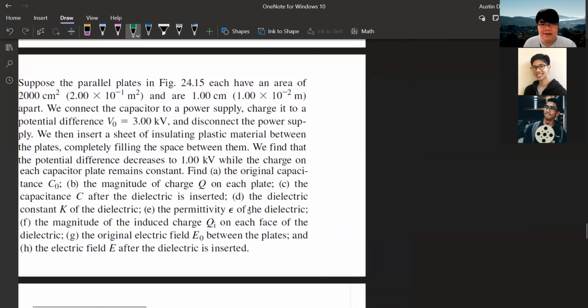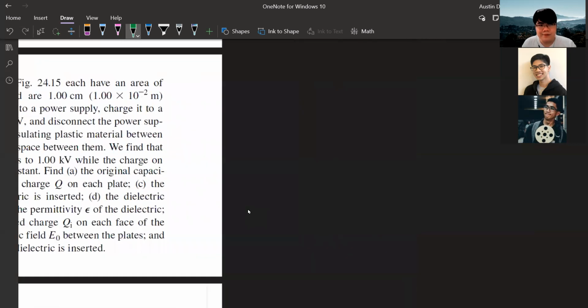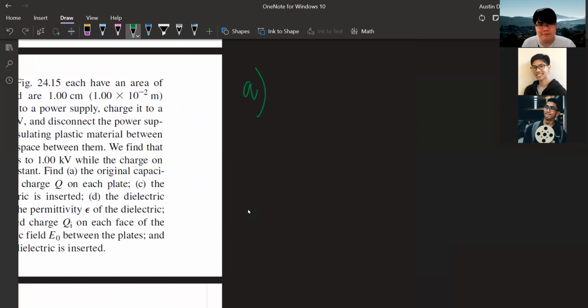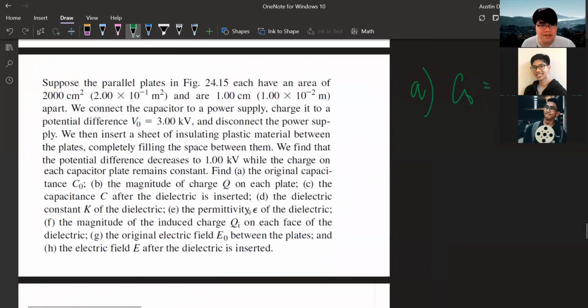Okay, madali lang yung C naught, di ba? C naught is just epsilon naught A over D. And A is given and D is given. Epsilon naught is a constant.